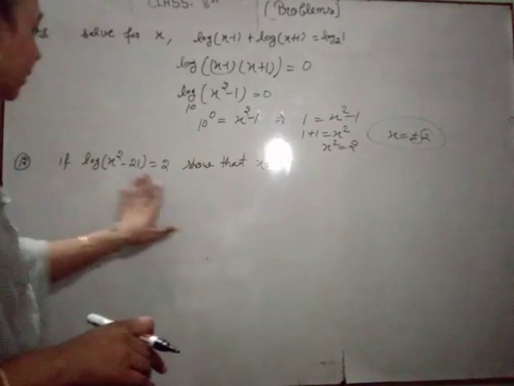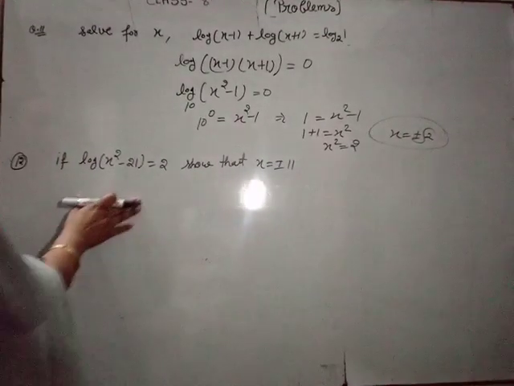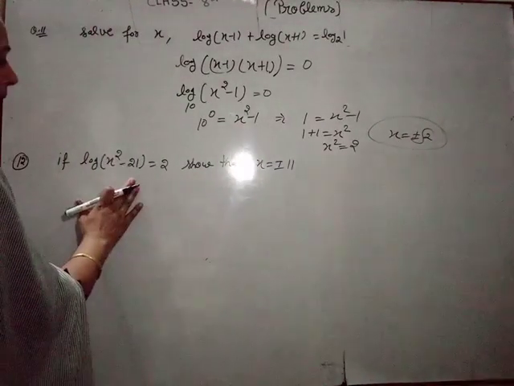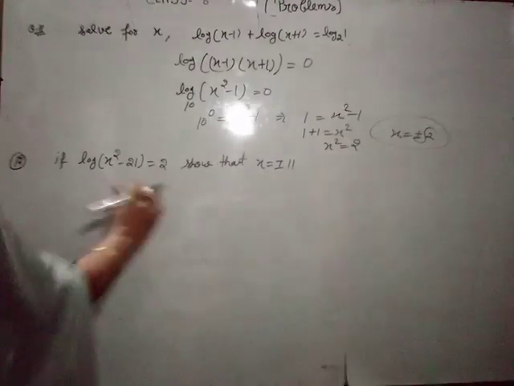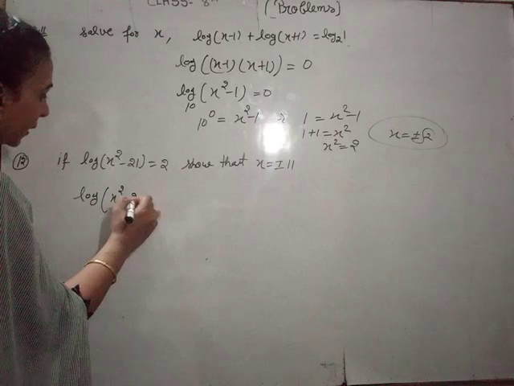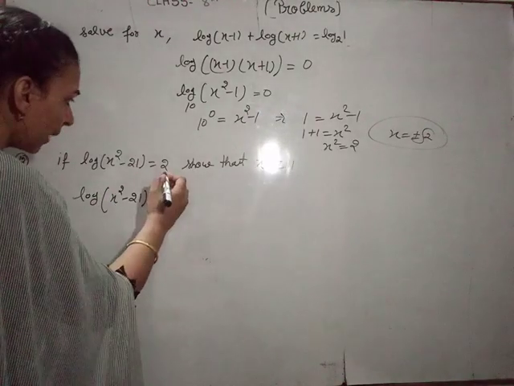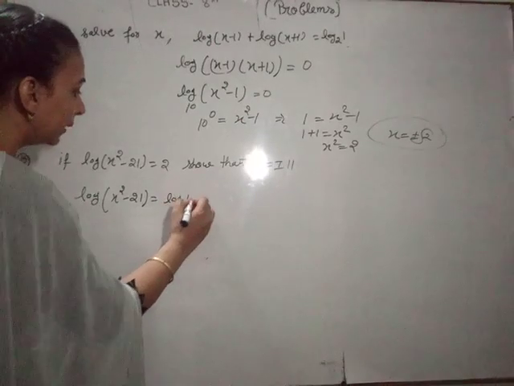If log of this equals this, so that x equals plus or minus 11. We have log of x squared minus 21 equals 2. Student, we write this log of x squared minus 21 equals 2. And we write 2 as log of 100. Okay.